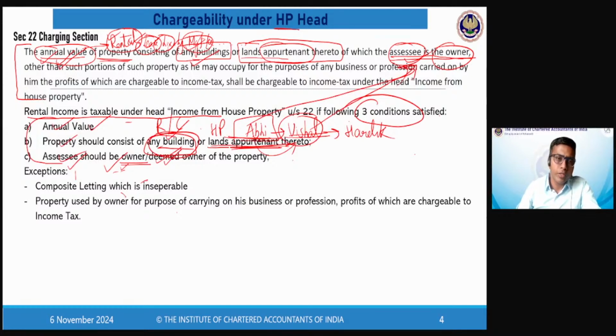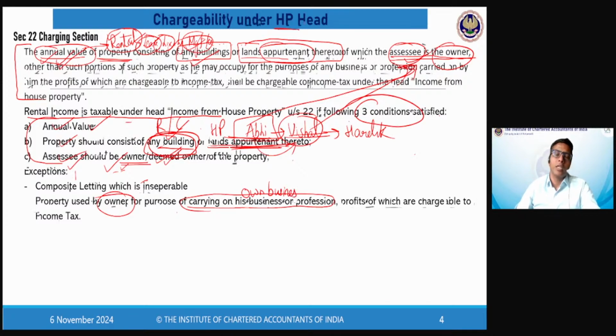So where you, the owner, are using that property for running your own business, where own business is run in that shop, in that office, that shop, office, etc. will not be covered under the head HP. It will go to the head business. Yes, you all are correct. It will go to the head business.